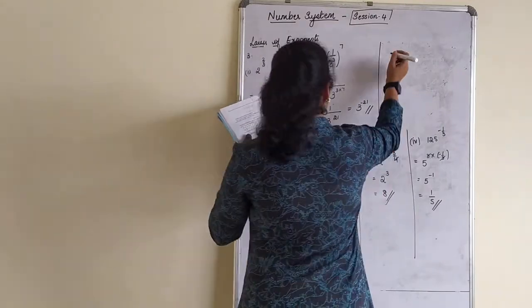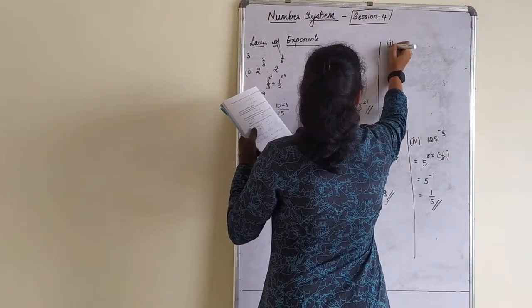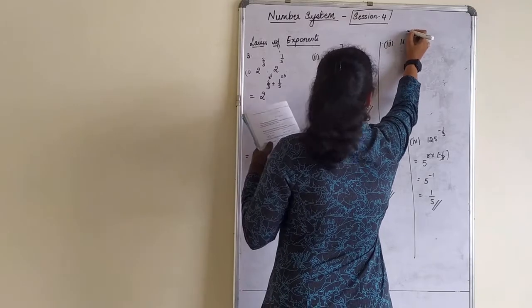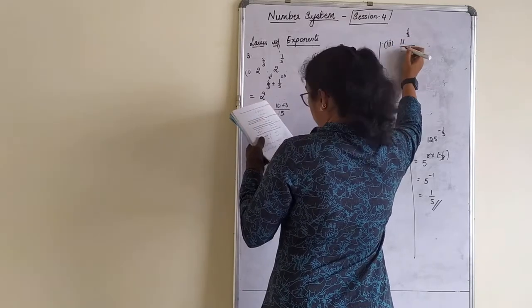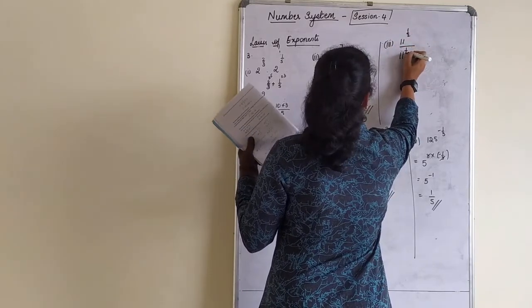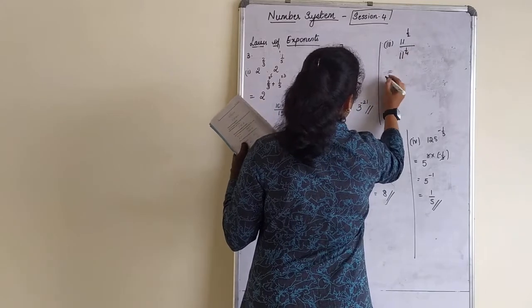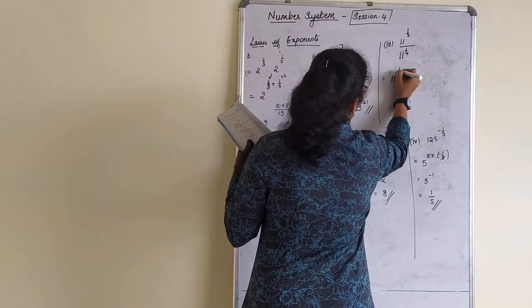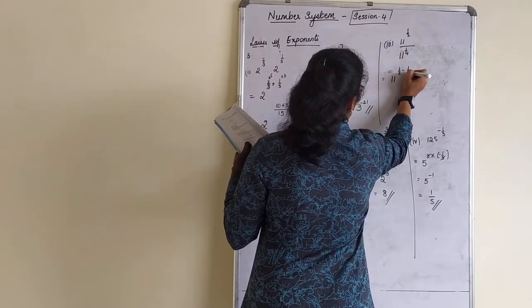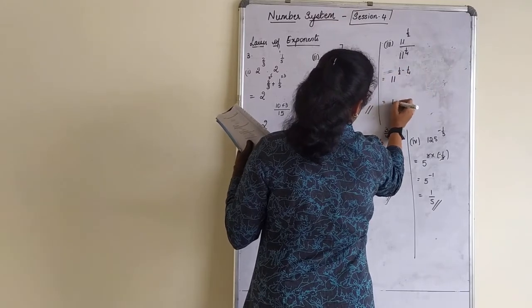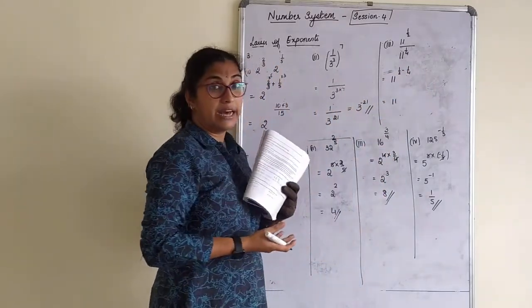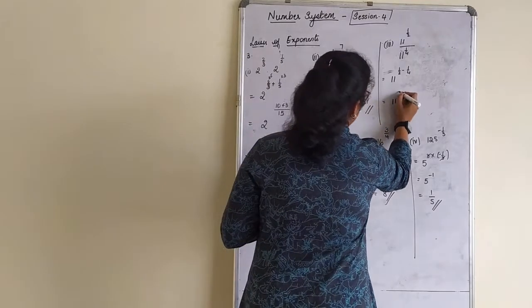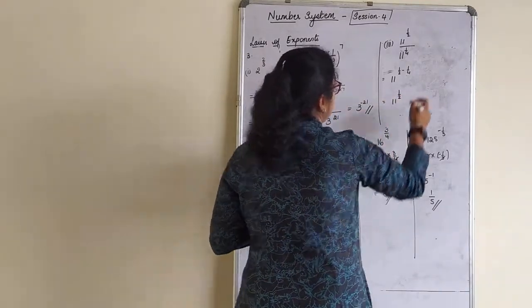21 on the top. Third one, 11 raised to 1 by 2 whole divided by 11 raised to 1 by 4. Second law. 11 raised to 1 by 2 minus 1 by 4. Now for 1 by 2 and 1 by 4 will you take LCM? Half minus 1 by 4, that is 1 by 4. 11 raised to 1 by 4.